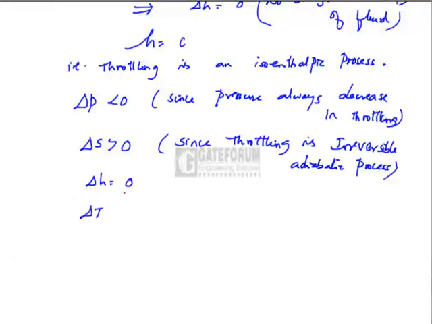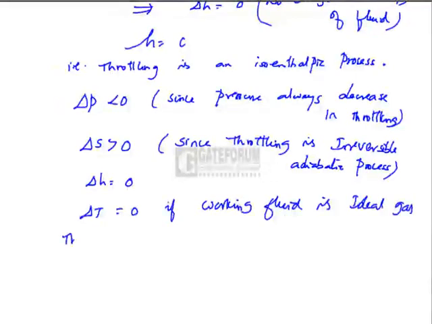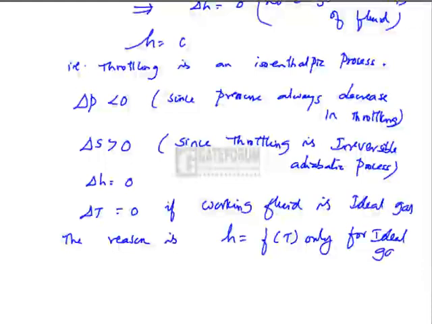Delta T is also 0 if working fluid is ideal gas. The reason is H is a function of temperature only for ideal gas. That is, H remains constant implies temperature is also constant for ideal gas.